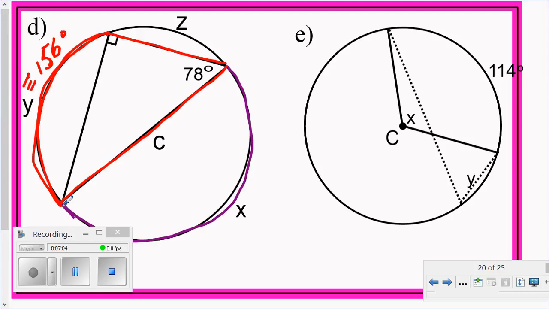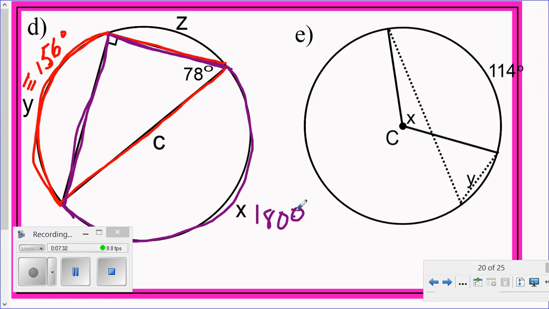And I can see that because it lines up with this 90-degree angle. That's the inscribed angle that meets up with the intercepted arc, or intercepts the arc. So 90 doubled is 180 degrees.